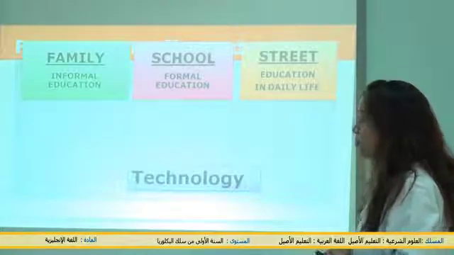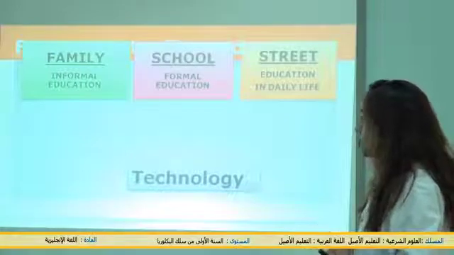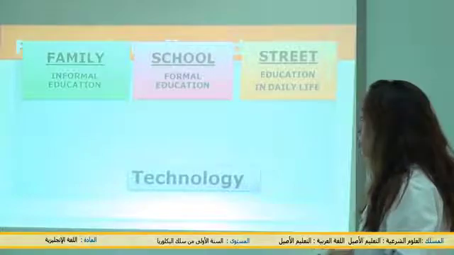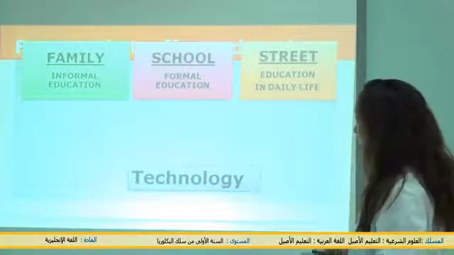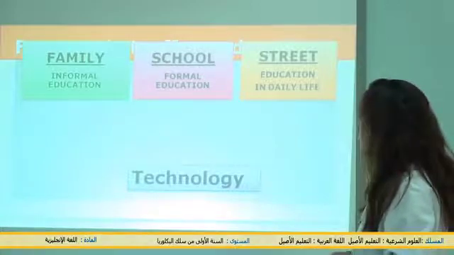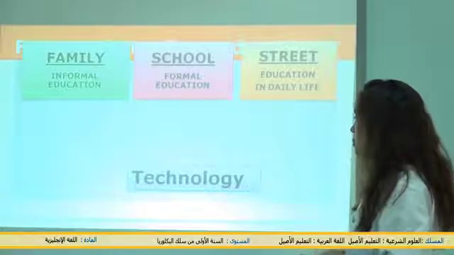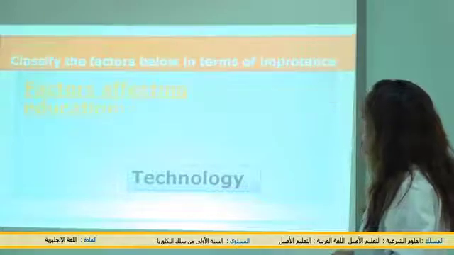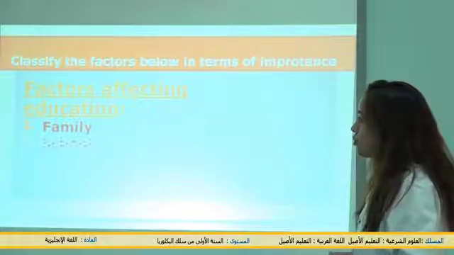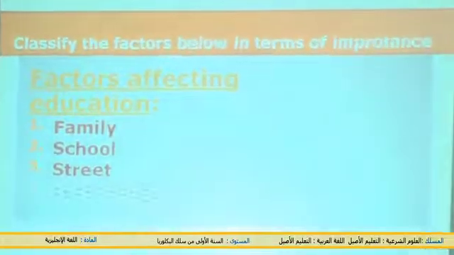Nowadays, we can also use new technology, which is a very important source of education. We can learn from TV, and from the internet through a lot of platforms like Facebook, YouTube, and other sources of new technology. So, let's have a look at the factors which affect or contribute to a good education.